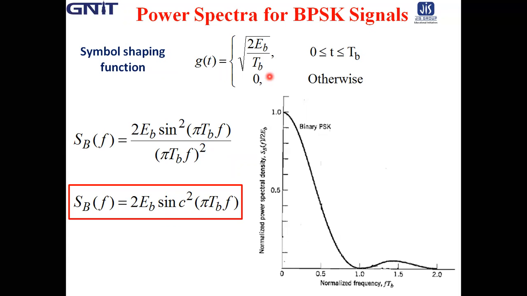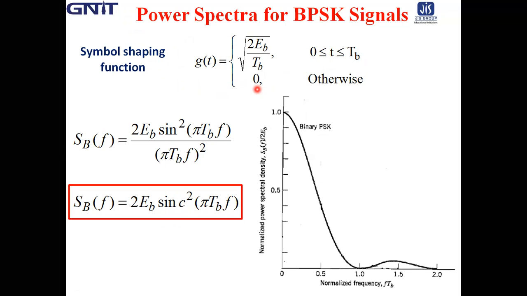Furthermore, depending on whether we have symbol 1 or symbol 0 at the modulator input during the signaling interval, say t equal to 0 to Tb, this in-phase component equals plus g(t) or minus g(t) respectively, where g(t) is the symbol shaping function defined as g(t) equal to square root of 2Eb by Tb whenever t belongs to 0 to Tb. Otherwise, it is 0.